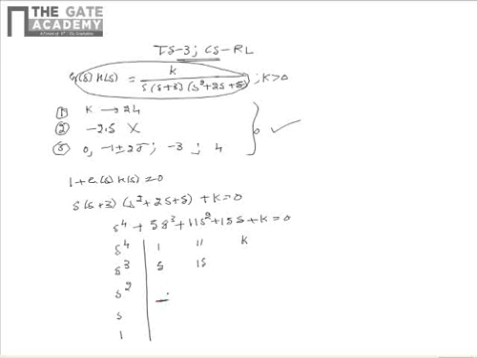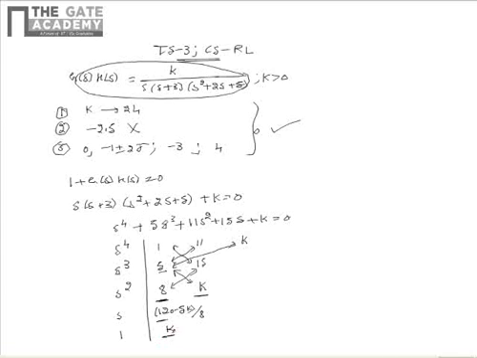So the entry at this point can be written as 5 multiplied by 11 minus 15 divided by 5, which upon simplification can be written as 8, and the entry at this point can be written as 5 multiplied by k divided by 5, which can be written as k. And the entry at this point can be written as 8 multiplied by 15 minus 5 multiplied by k divided by 8, which upon simplification can be written as 120 minus 5k divided by 8.